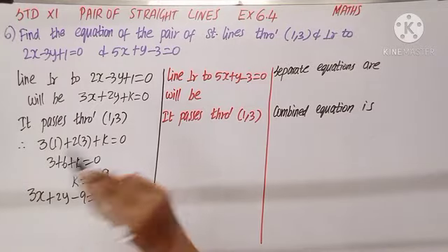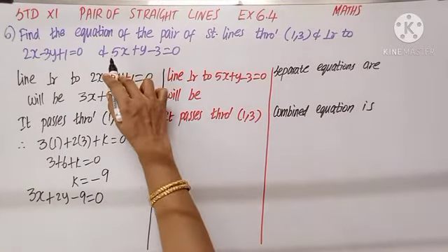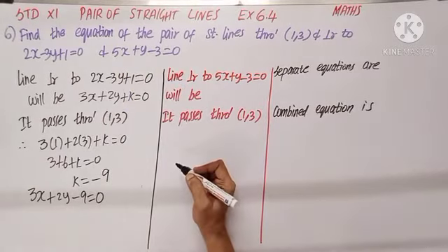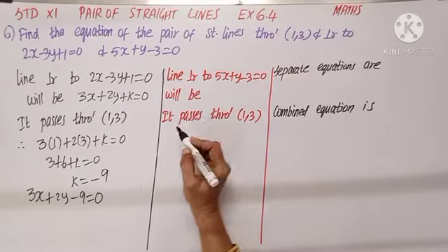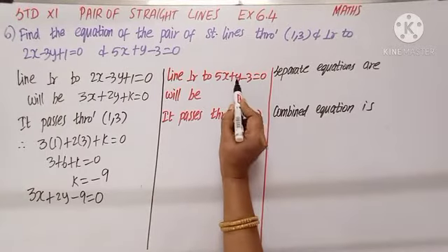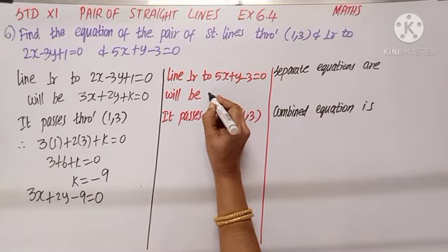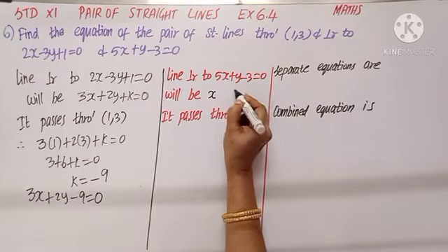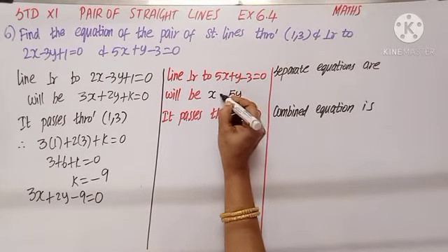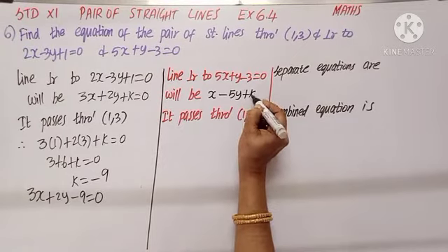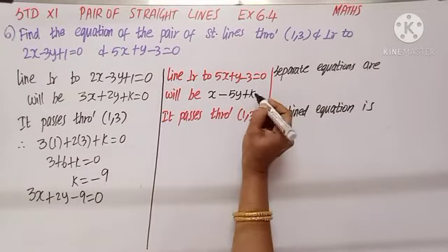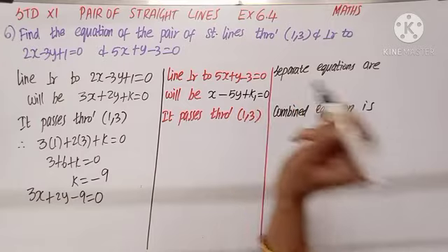The same pattern. The next line is 5x plus y minus 3 equal to 0. The perpendicular line will be obtained by interchanging the coefficients. The number with x tells me 1, so 1 into x, 5 into y. Change the symbol. Also the constant: already we used k, so let me put k1 equals 0.